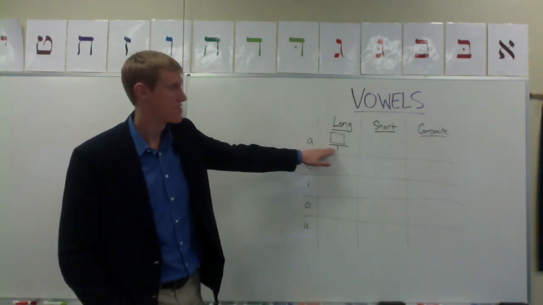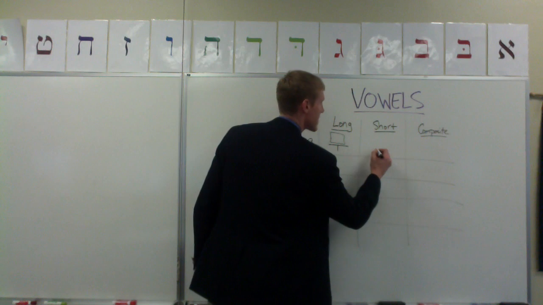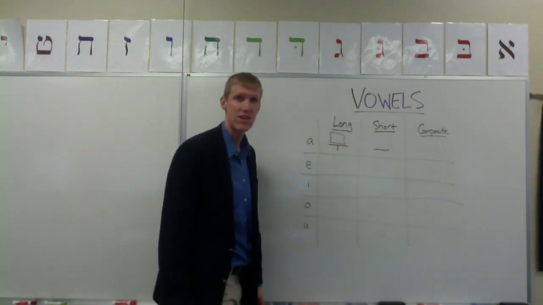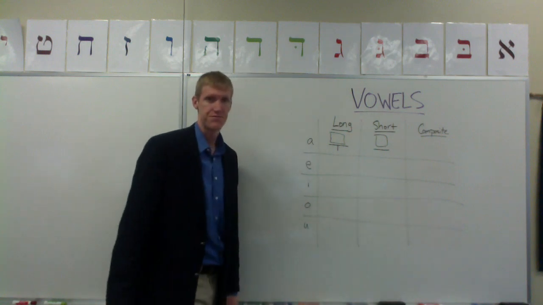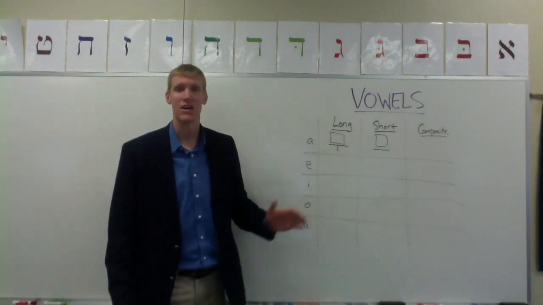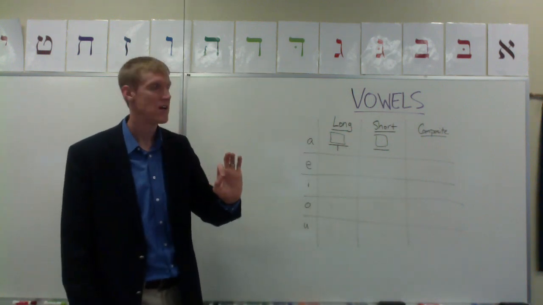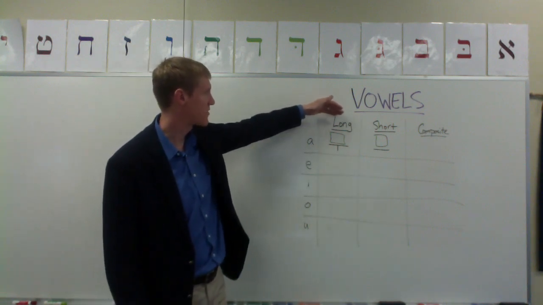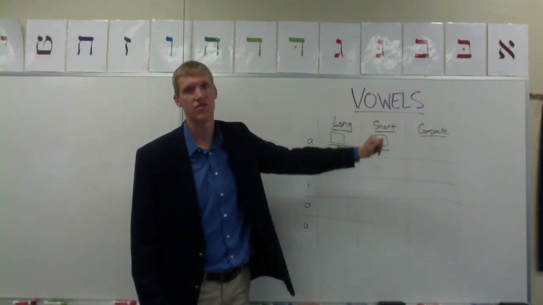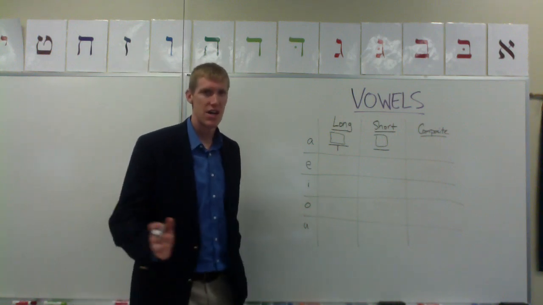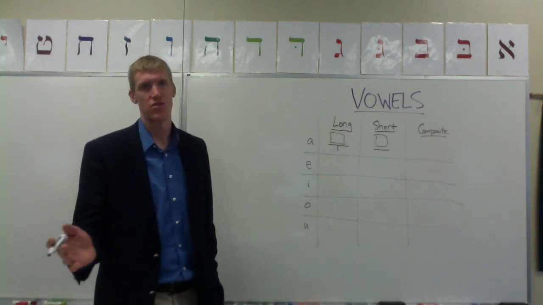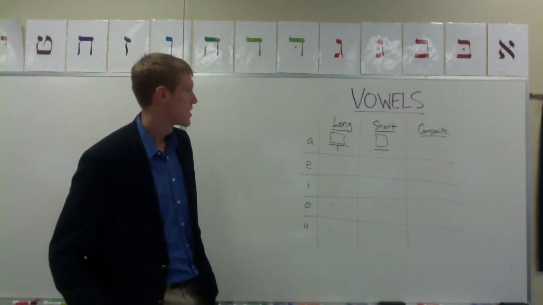That's called a kamets. The short is a patach. It's just a straight line that also goes beneath the letter. Kamets, patach, both make the sound ah. Now, there's technically a difference between the long and short vowels, although in pronunciation, in a lot of cases, there's really no distinction made.